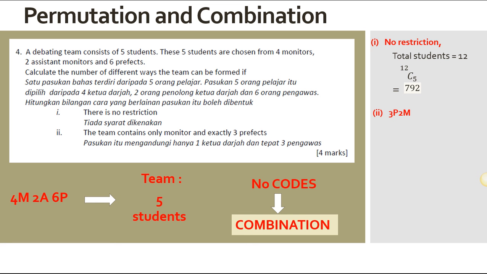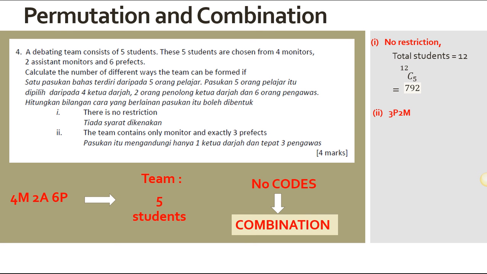Okay, second part. The team consists of only monitors and exactly 3 prefects. It has a fixed thing, which is exactly 3 prefects. But we need 5 students, and the remaining 2 students must be chosen from the monitors, because it says monitors only, no assistant monitor.